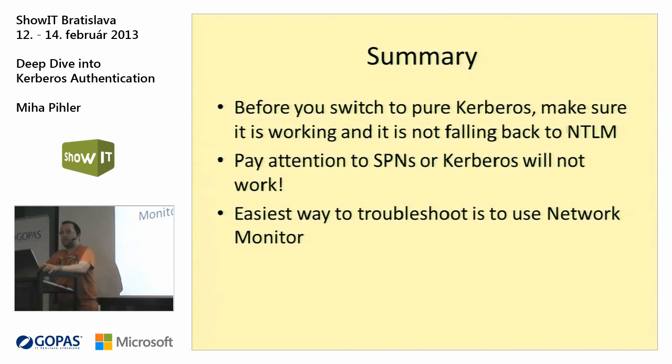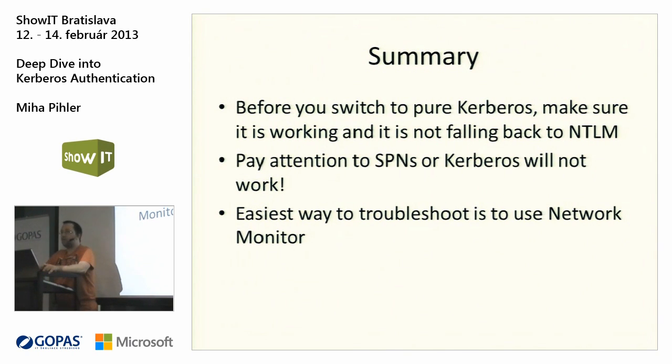Again, I would like to stress that one of the most common problems that I see when I'm troubleshooting Kerberos is SPNs. If you have a problem with SPNs, Kerberos will not work. If you have double SPNs or they are missing or misspelled, Kerberos will fail and it will fall back to NTLM. The easiest way to troubleshoot this is to use Network Monitor and see what SPNs the client is sending, and if it's failing, why it's failing.